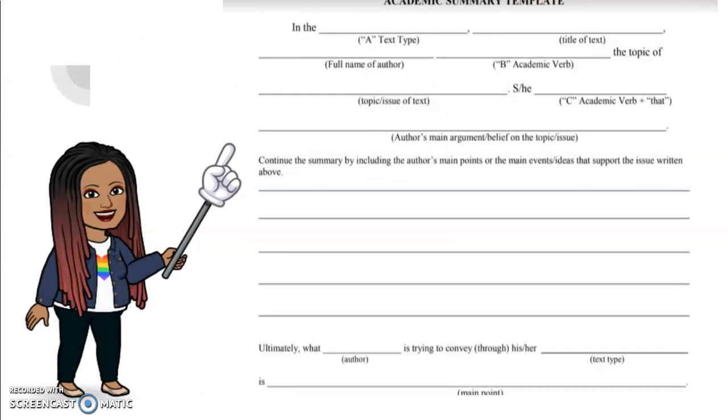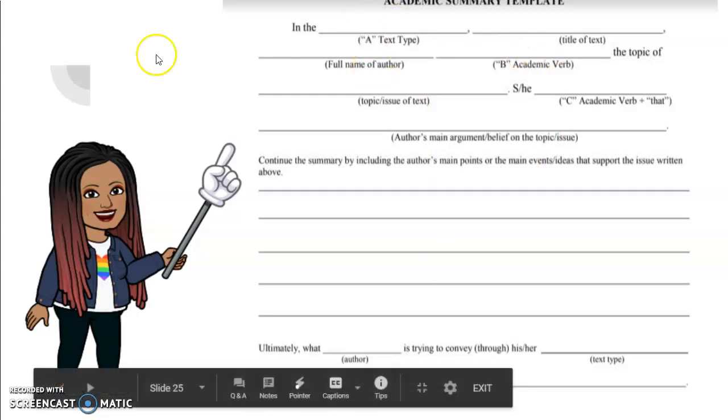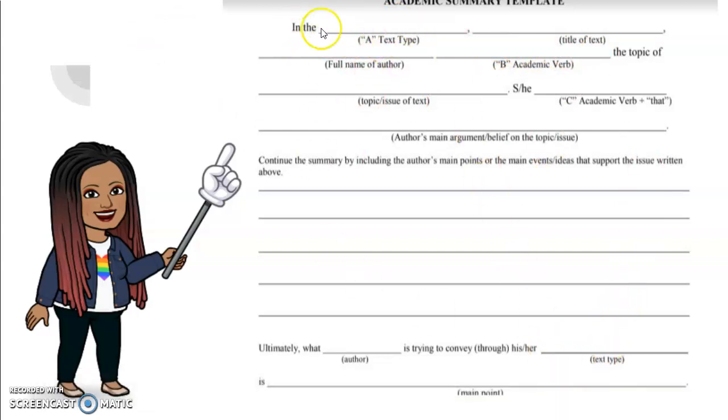You should have this. What we're going to do in class, we're actually going to walk through and fill this out together. Okay. This is very simple though. It says in, then you scroll down to the bottom and you see type of text. Well, you have to ask yourself, what type of text am I reading?